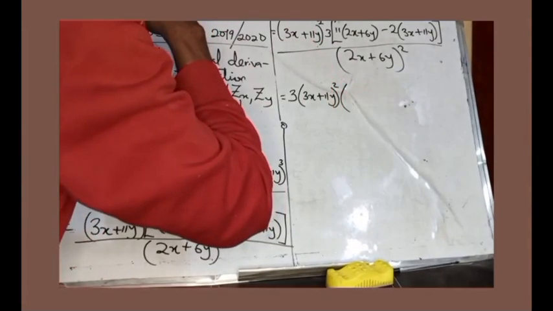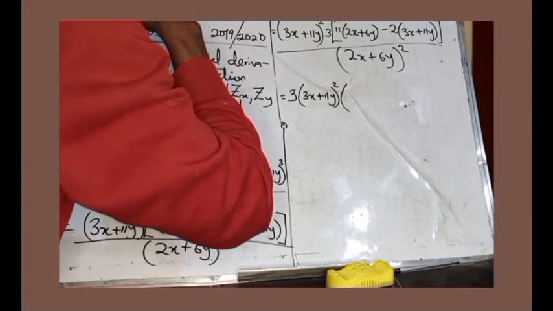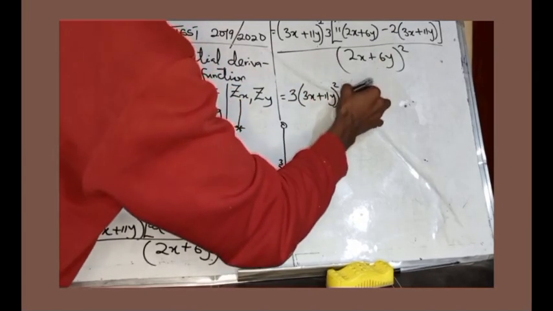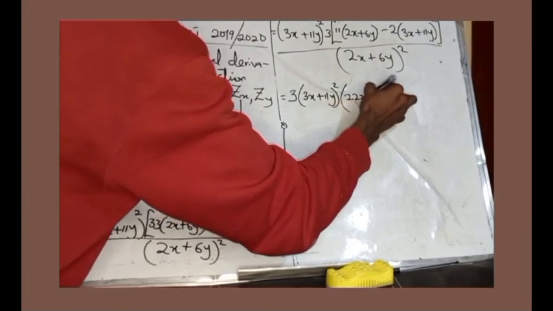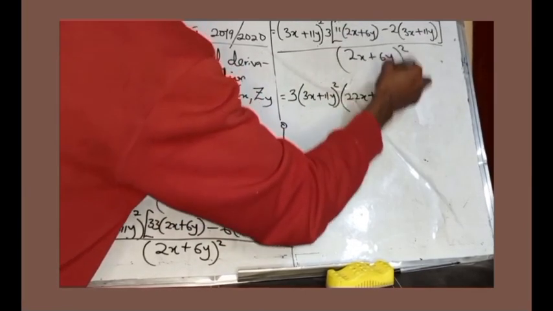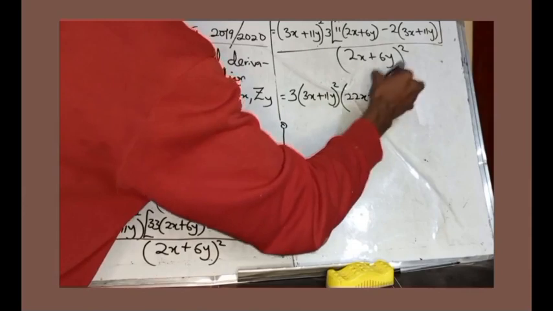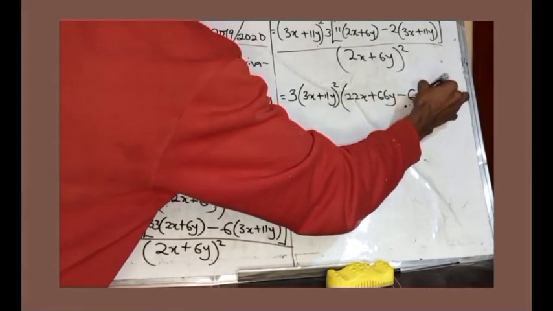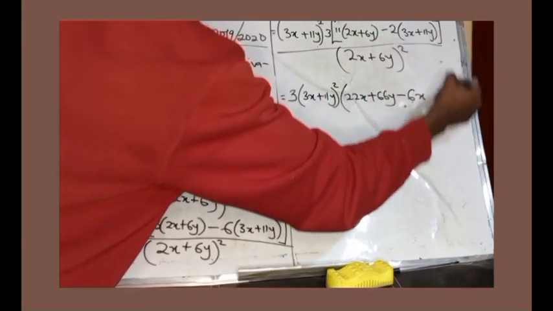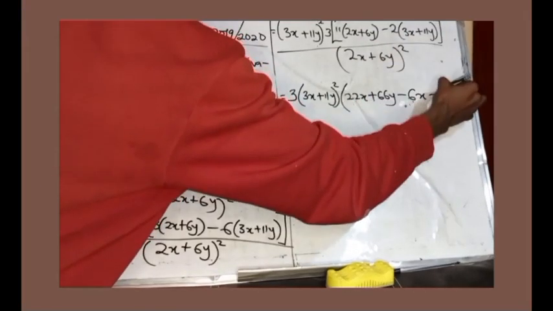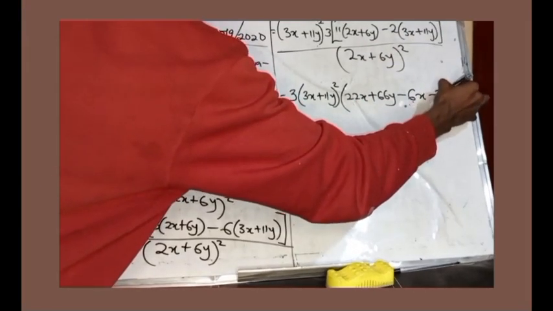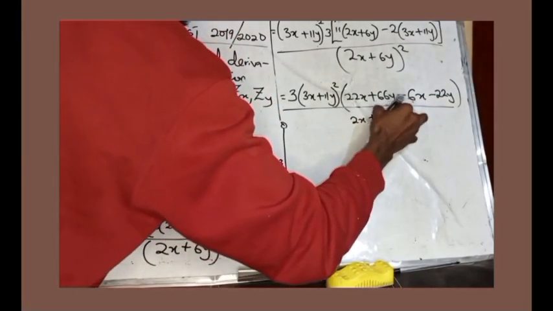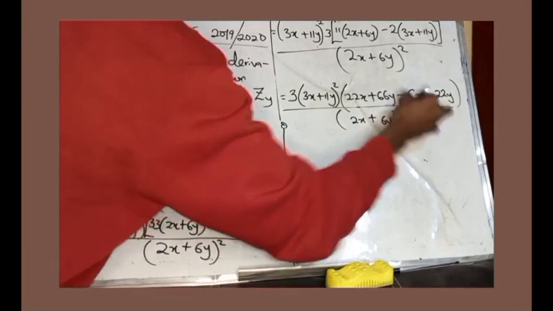What I have now is 11 times 2 is 22x, plus 11 times 6 is 66y, minus 6x, plus times minus is minus, 2 times 11 is 22y, all divided by 2x plus 6y all square.